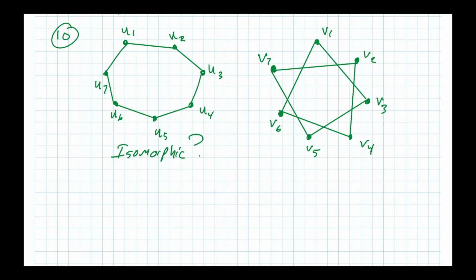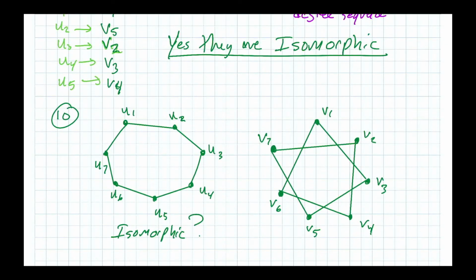So if you want to come up with the isomorphism, you don't have to do as much work as what we did on the previous problem, right? You can just say, this is V1, for example, and then V1 goes to V3. So this must be V3. And then U2 goes to U3, V3 goes to V5, so this must be V5, which goes to V7, so this must be V7.